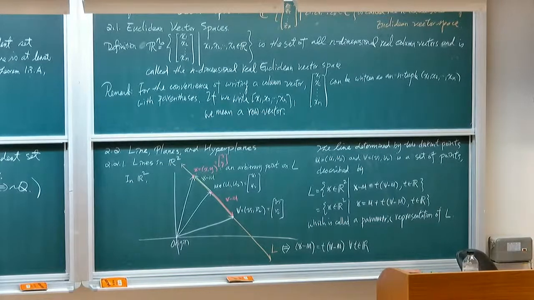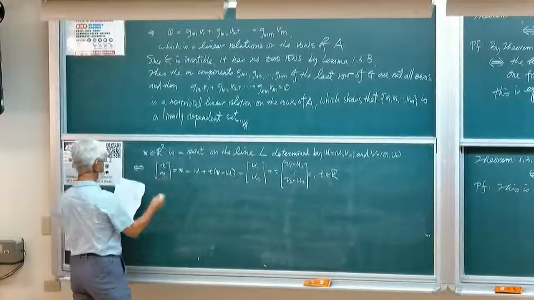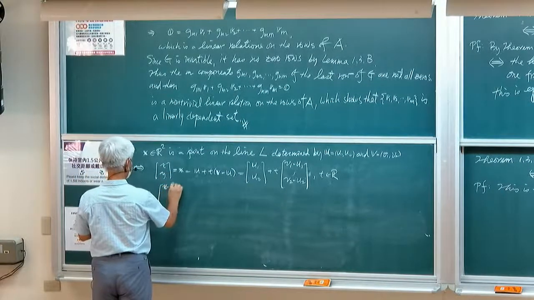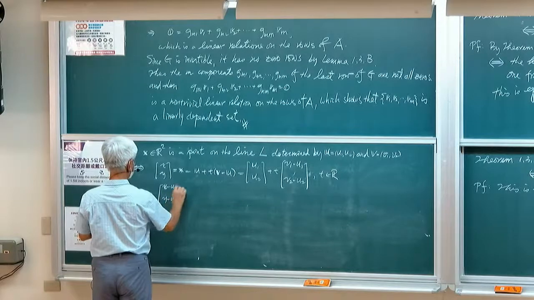Now we move u to the left-hand side. So we have x minus u1, y minus u2.